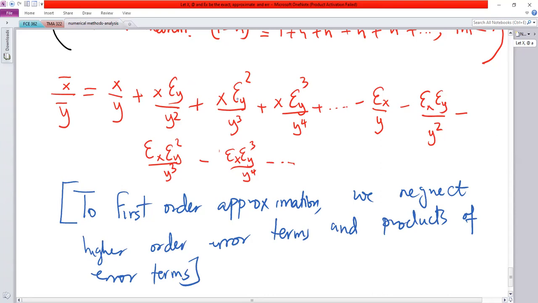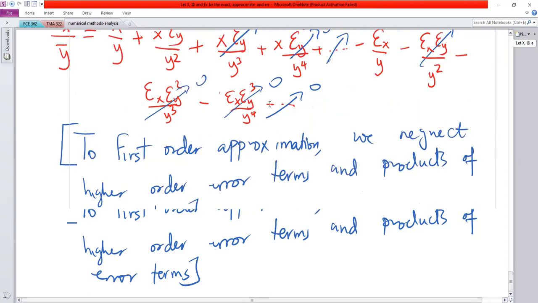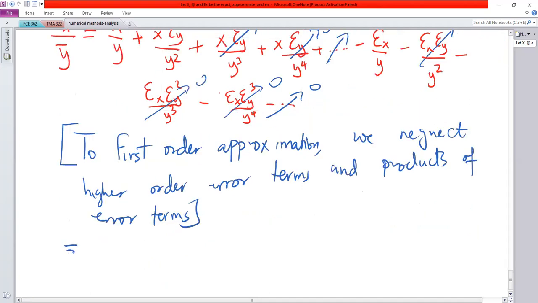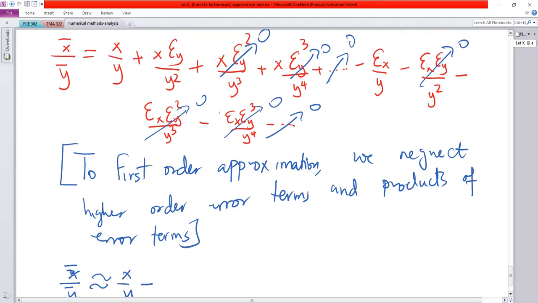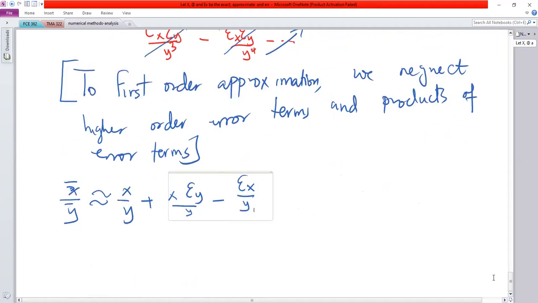So that means that this will be 0, this will be 0. Also, the terms here will be 0, here will be 0, this will go to 0, this will also go to 0, and also these terms will be 0. So that I will have x-bar over y-bar approximately equals x over y plus x error in y over y squared minus error in x over y. All the other terms have gone to 0.